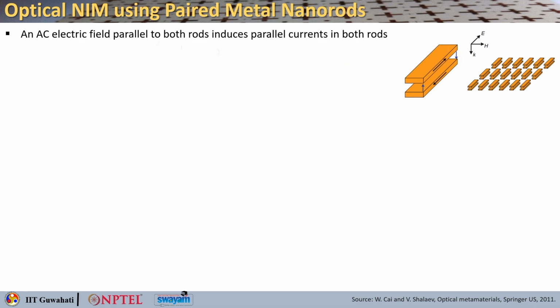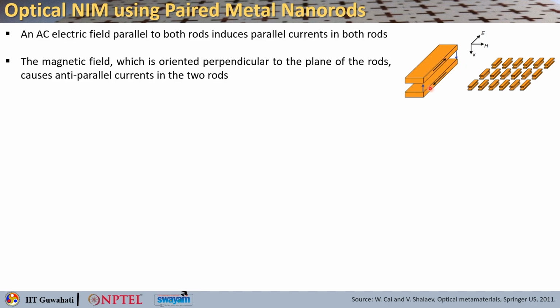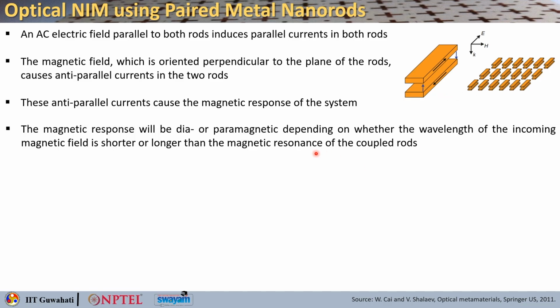An AC electric field which is parallel to both rods can induce parallel currents in both rods. And then the magnetic field, which is oriented perpendicular to the plane of the rods, can cause anti-parallel currents in the rods. This anti-parallel current basically causes the magnetic response of the system.